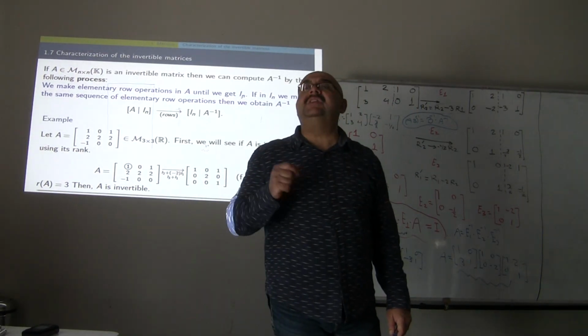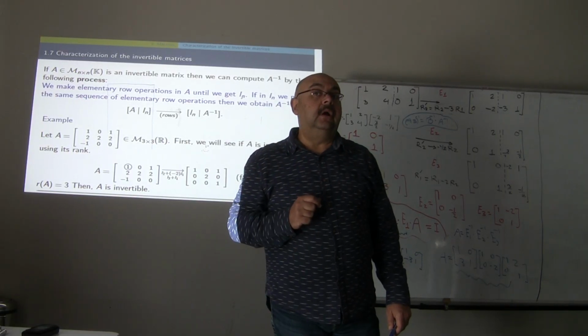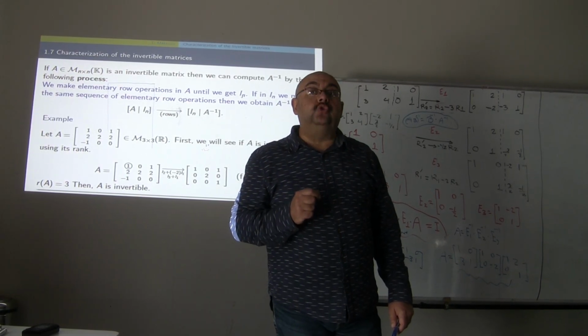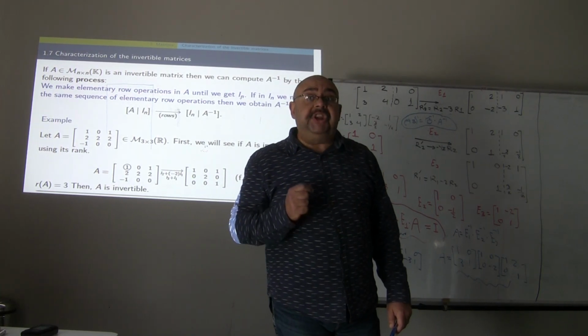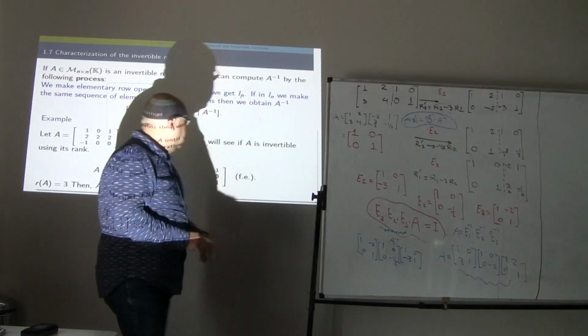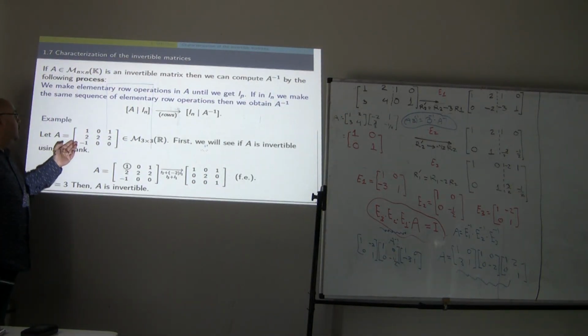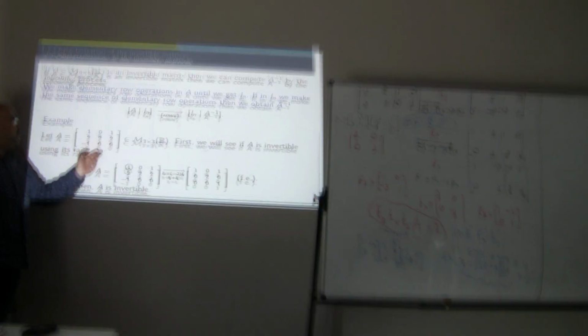Do you remember what the echelon form is? It is trying to put your matrix into an upper triangular matrix. So Farid, look at the first move. I took our matrix, which is 1 2 -1, 0 2 0, 1 2 0.